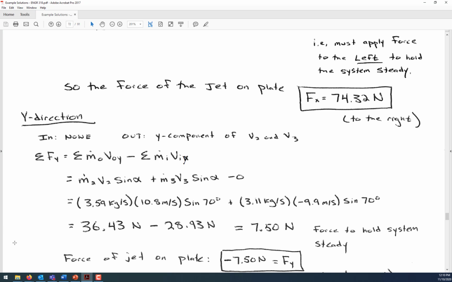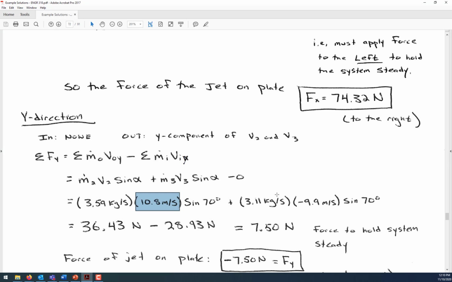And so you can see the substitutions are going to be that we have the mass flow rate at 2 multiplied by the velocity out in y at 2, and that was the stream that's moving up and to the right, and so vertically that's positive, and so there's no negative sign there. And now the angle that we're using is the sine of 70, because that will tell you the component of the velocity that's vertical.